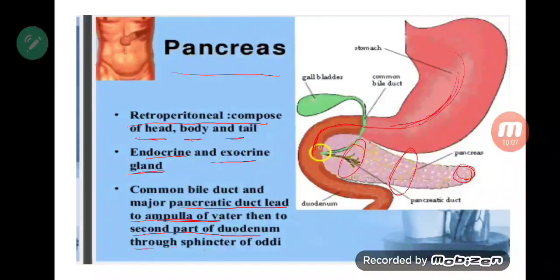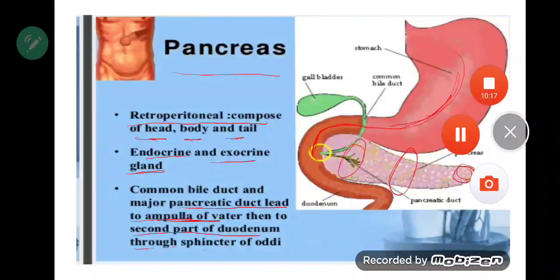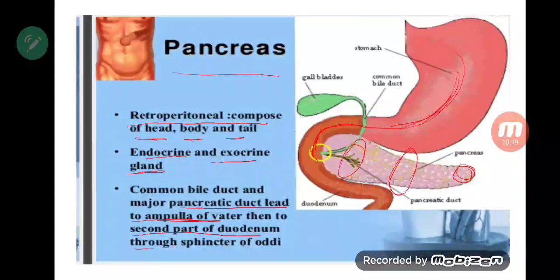In the duodenum, the second part of the duodenum, there is the ampulla of Vater. The ampulla of Vater is here, and we have the pancreatic duct here, and we have the common bile duct here.